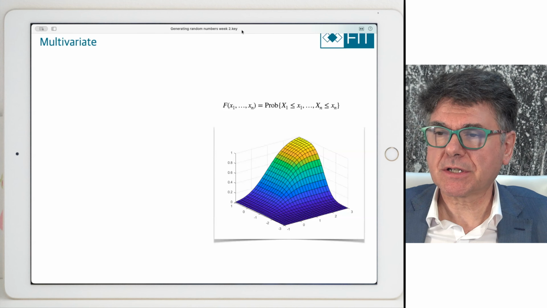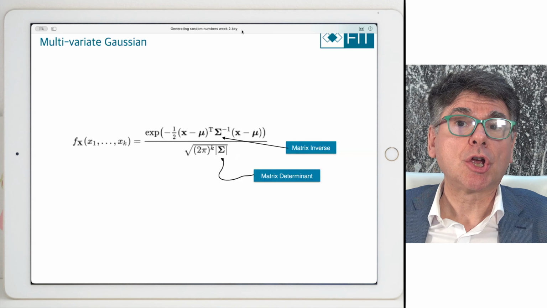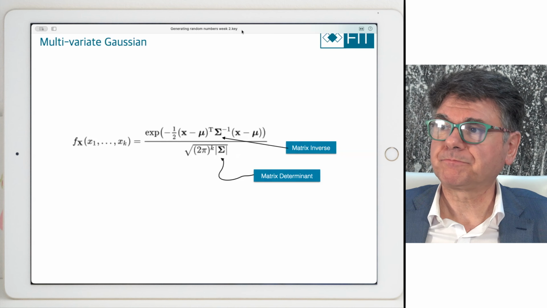So for Gaussians, the cumulative distribution function in higher dimensions is given by this definition. And we have seen this before. This is the Gaussian density, which we've also seen before, although we don't need any of this for today. I'm going to start with the formula we have seen many times now, which is the expression for the Gaussian distribution with the exponential and the variance covariance matrix. This is the multivariate Gaussian distribution.